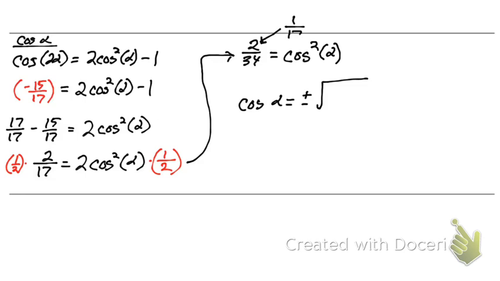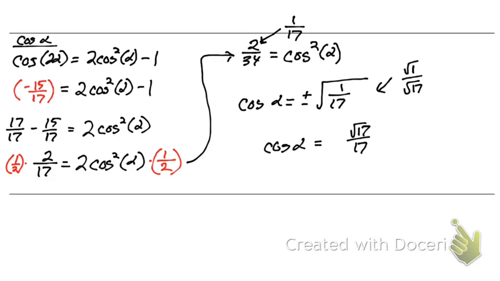So that's actually 1 over 17. So we're going to have the square root of 1 over 17. Well, that's really just 1 over the square root of 17. So you multiply the top and bottom by the square root of 17. So your cosine alpha is going to equal the square root of 17 over 17.